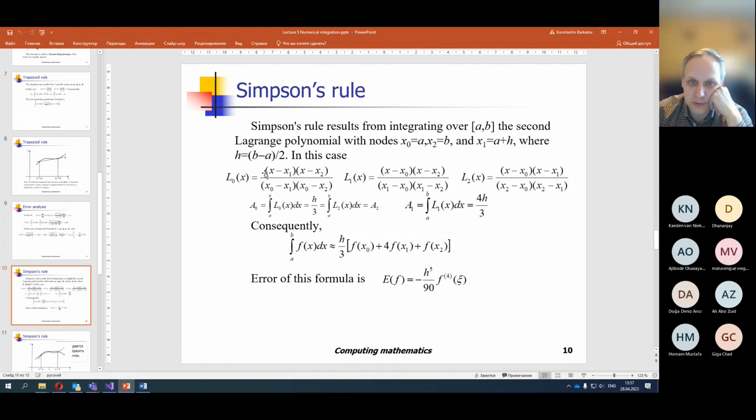A quadratic polynomial includes three coefficients, L0, L1, and L2. These coefficients are written here.